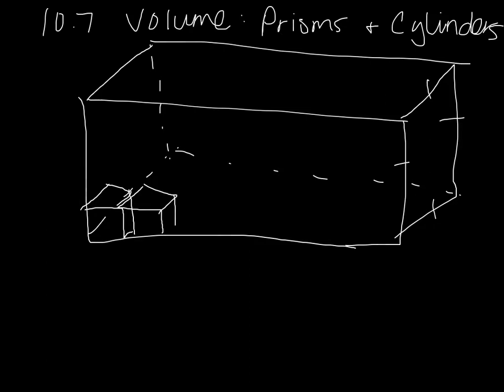They're congruent. So what is volume if I took little cubes and put little cubes into this prism? A volume says how many cubes could I put inside of my prism.